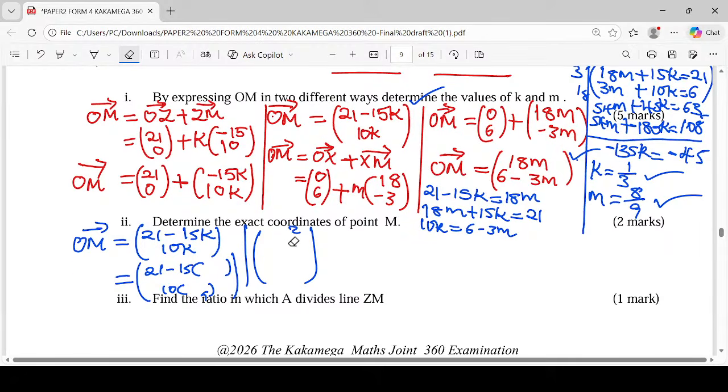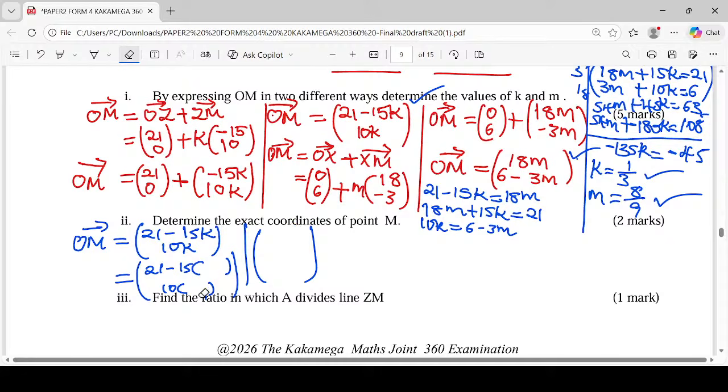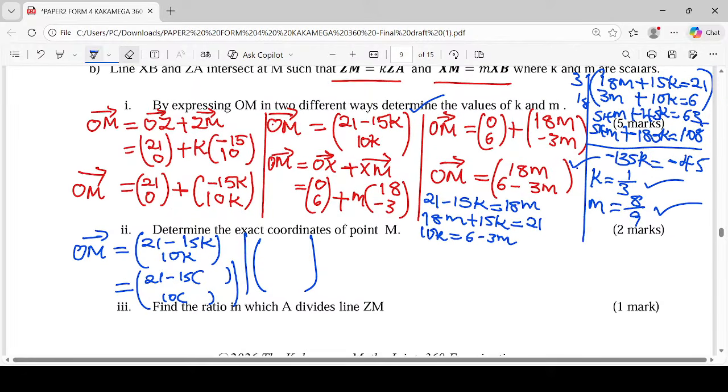It should be 21 minus 15 into k. K is a third. Then 10 into 10k, so that will be 10 into 1 over 3. So when I take 21 minus 15 into a third, I'm getting that as 16.